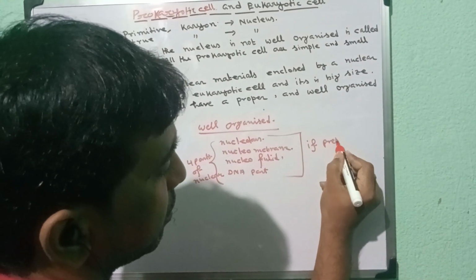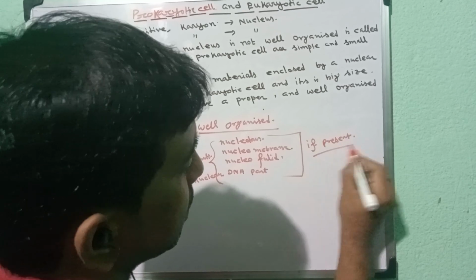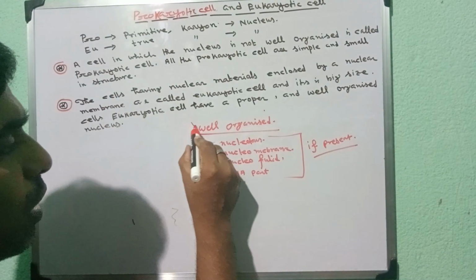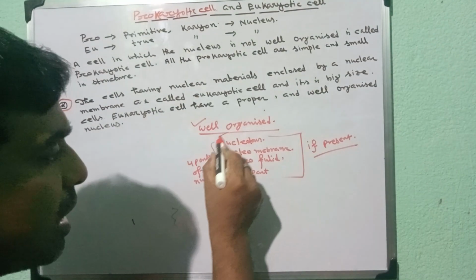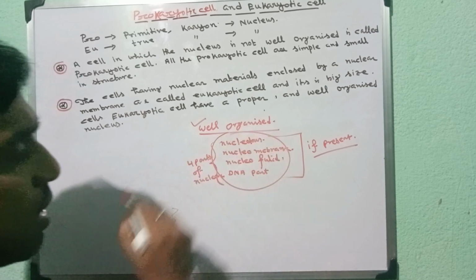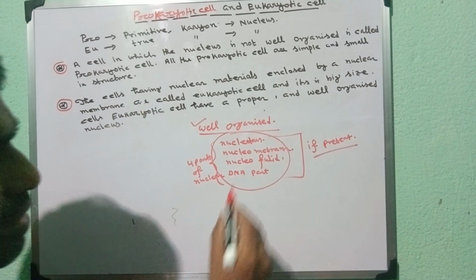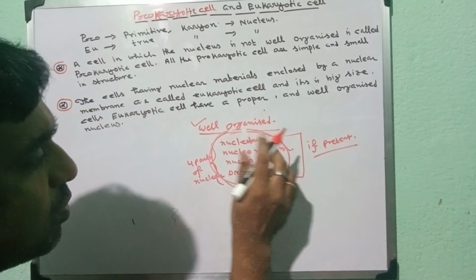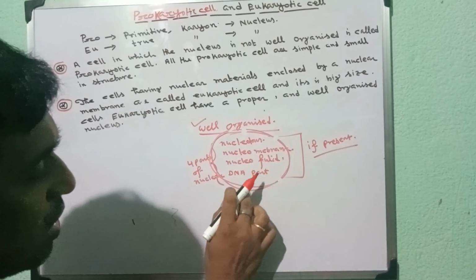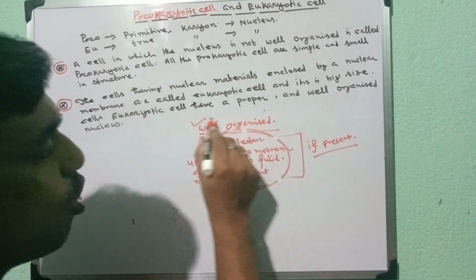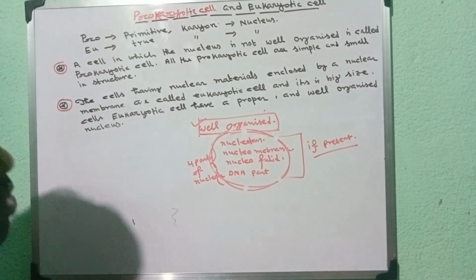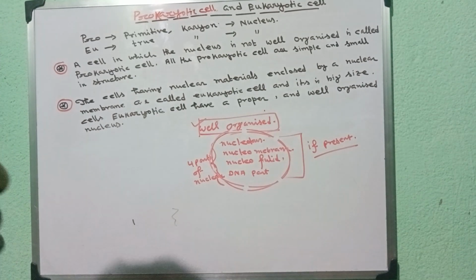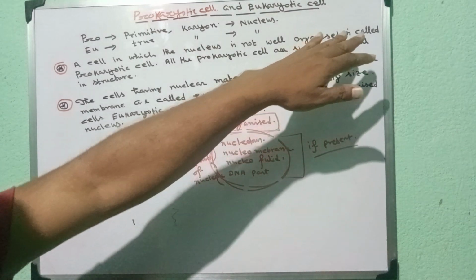If these four parts are present, the nucleus is called well organized, and it is covered by a double layer membranous structure, with some portions having pore-like structures. This well organized nucleus is found in the eukaryotic cell.